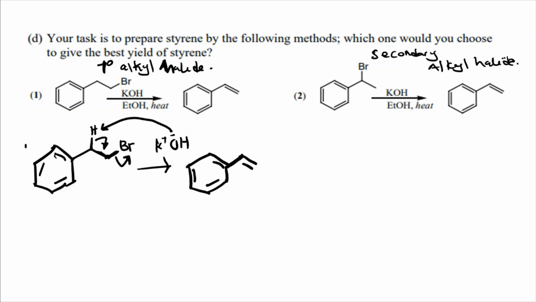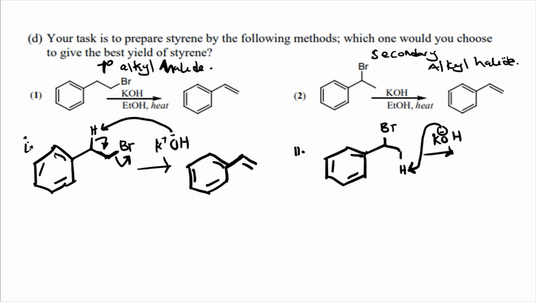And then for 2, so this is 1. For 2, the reaction mechanism would be this. In order to give us that, this will come and attack this one, and then this gives us that. So the product would still form like this.